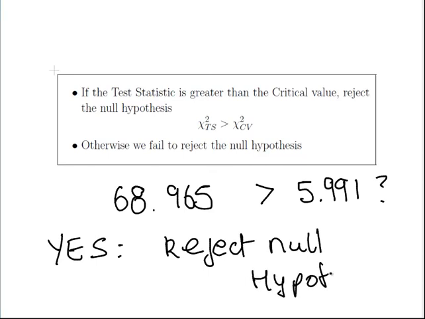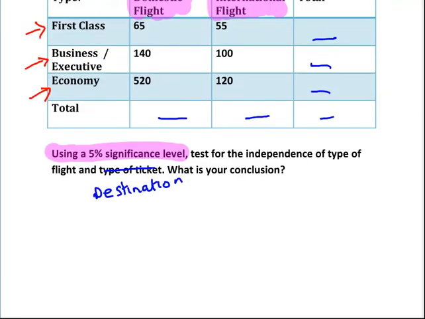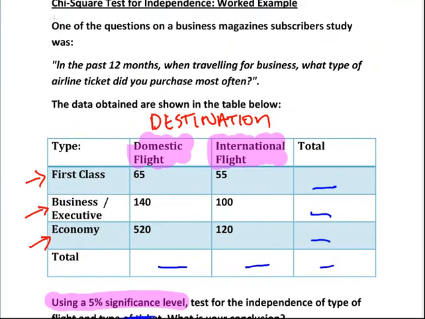What is the null hypothesis again? From earlier on we looked at it. So the answer is reject the null hypothesis, but let's remind ourselves what the null hypothesis was. The null hypothesis is that there is no connection between ticket type and flight type or destination type. So under the null hypothesis you buy a first class ticket regardless of whether you're going domestically or abroad.